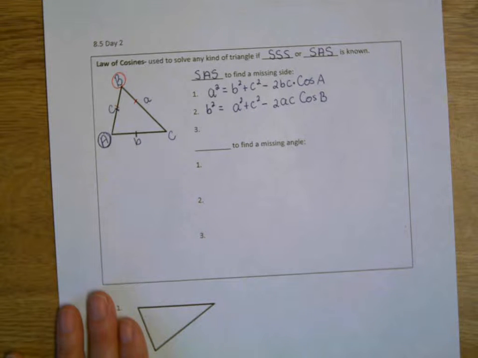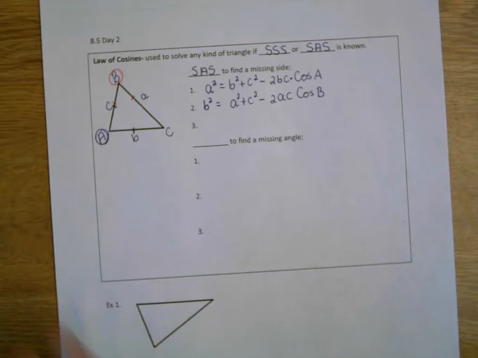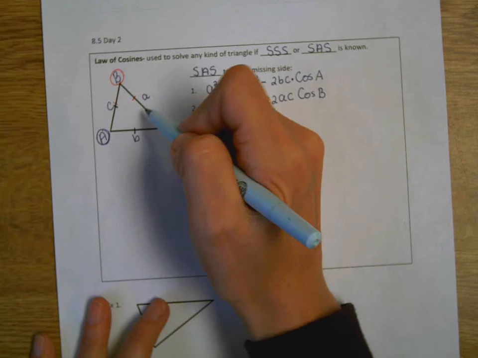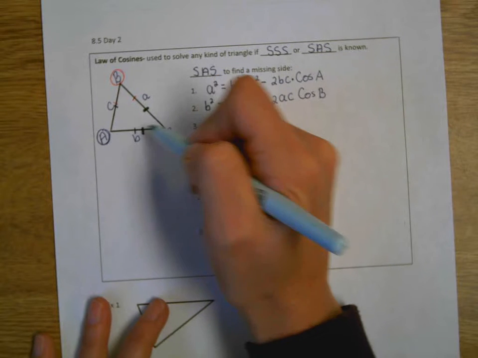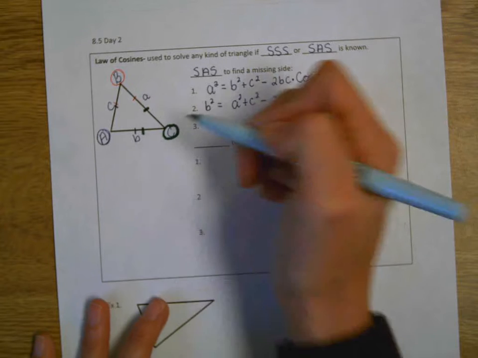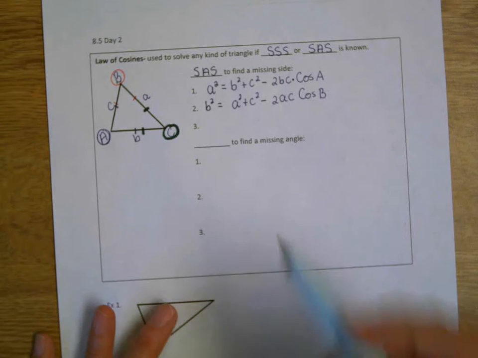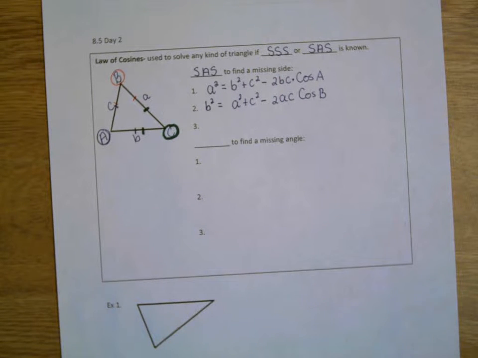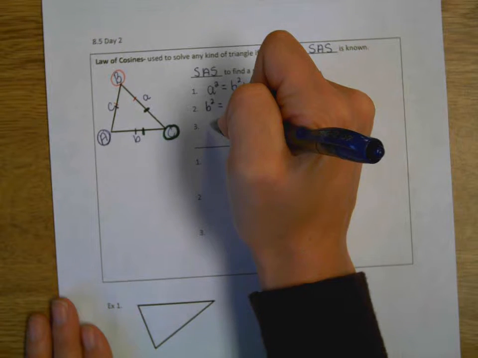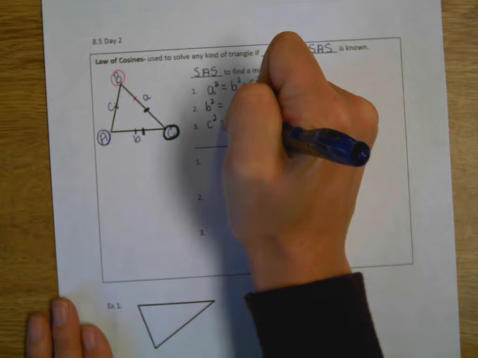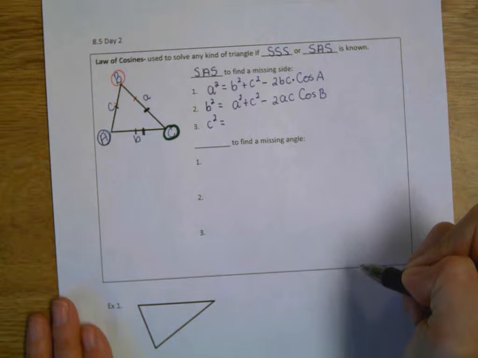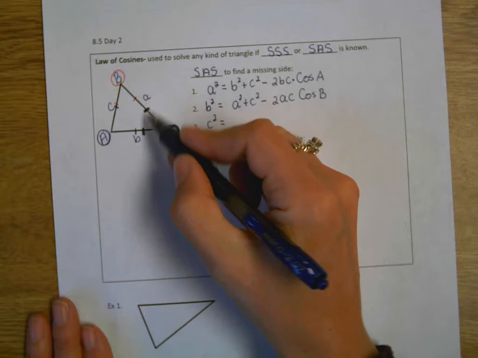And then there's only one other situation, and that would be if I know little a, little b, and angle C. If I have those three pieces known, what side would I be able to find? Little c. And the formula says little c squared equals, what do I do with the two sides that I know?